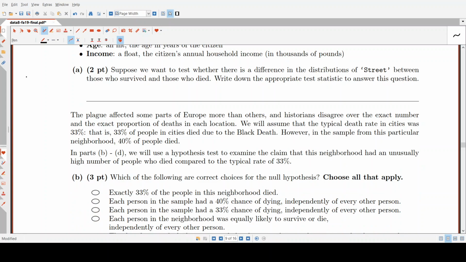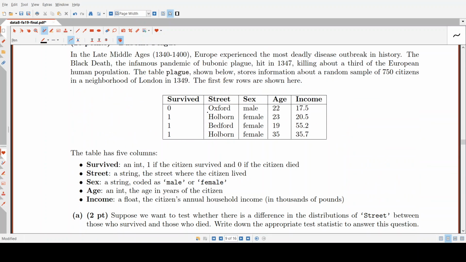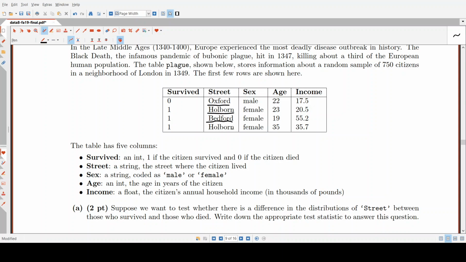So suppose we want to test whether or not there's a difference between the distributions in street between those who survived and those who died. So what test statistic would be the most appropriate for this question? We're given a few examples of streets here, like Oxford and Holborn and Bedford, and we want to know, do the different streets have a different rate of survival and non-survival, I guess.